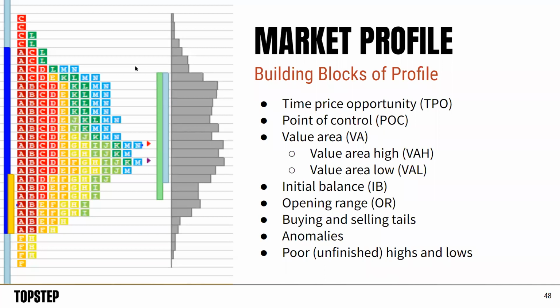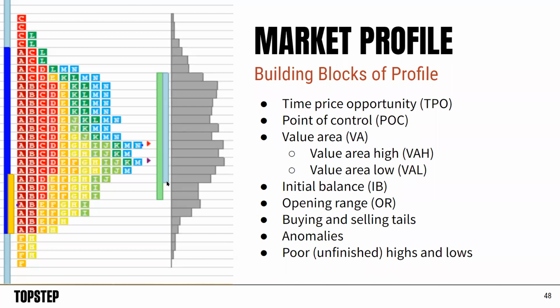What we're looking at here is a system to take a variable, which is price, and attach it to a constant, which is time. The value area is where 70% of the trade has occurred as it relates to the point of control.